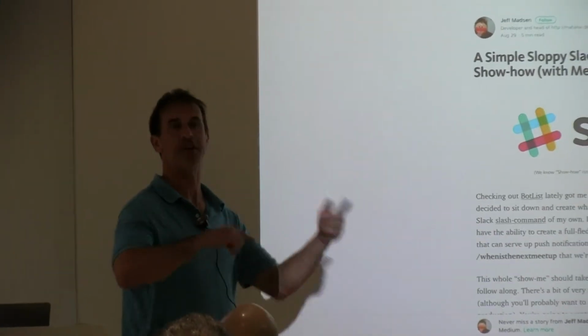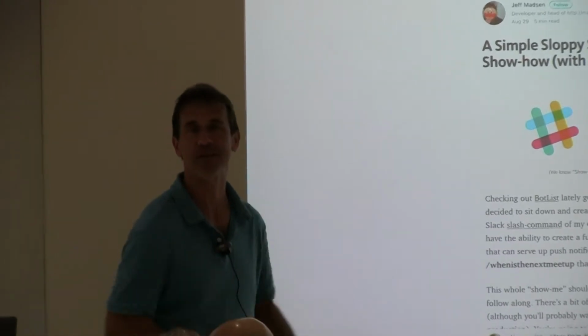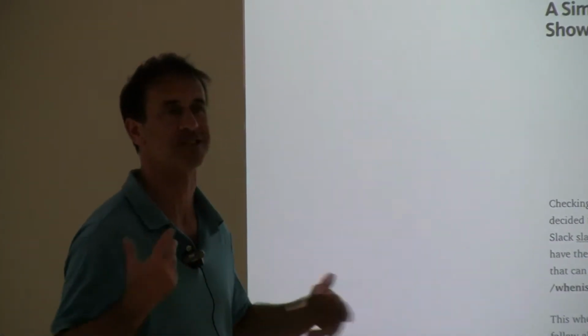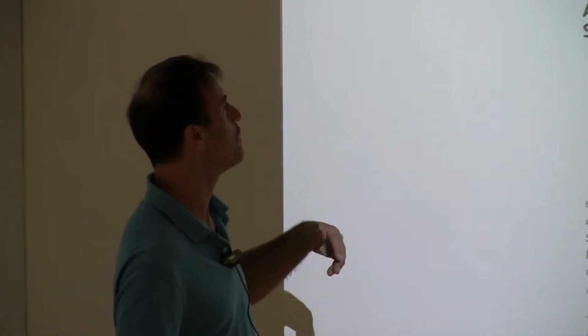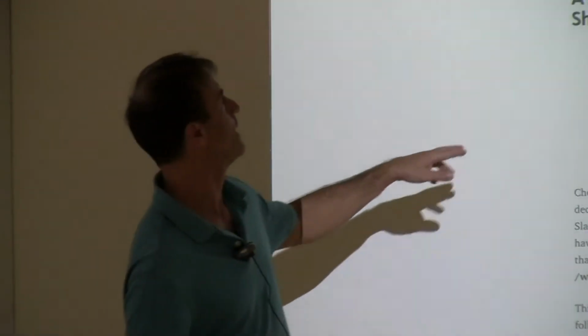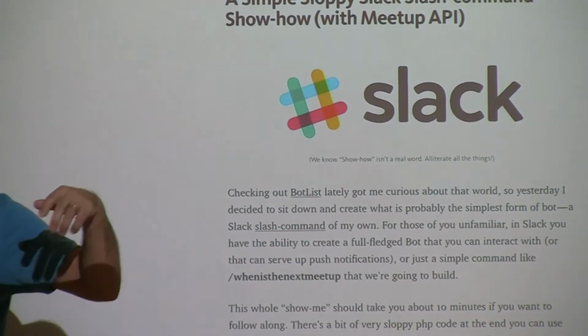I'm starting a new client next week, so I had a few days to just mess around, and I'd always wanted to play with some bots. A few days ago, I figured out how to make a slash command in Slack.